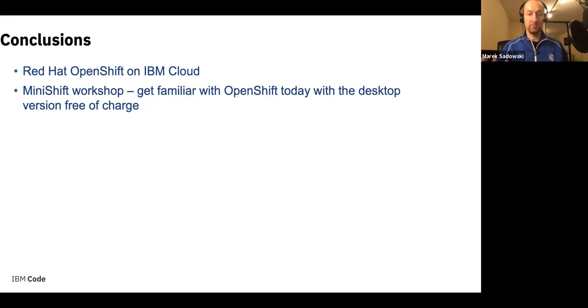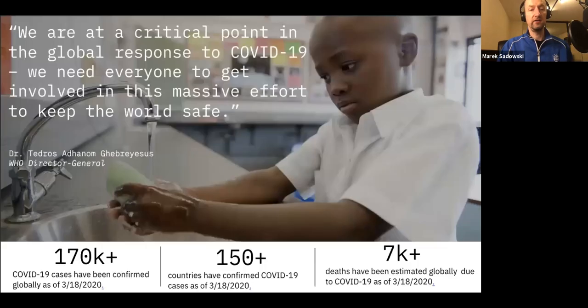OpenShift is a managed, curated stack of Kubernetes and other technologies like Istio, packaged together, maintained, and provided for customers to make it even simpler to use and with fewer resources. There are Minishift workshops and CRC workshops coming soon. So if you don't have access to OpenShift today, you can use it on your desktop for free and learn it.